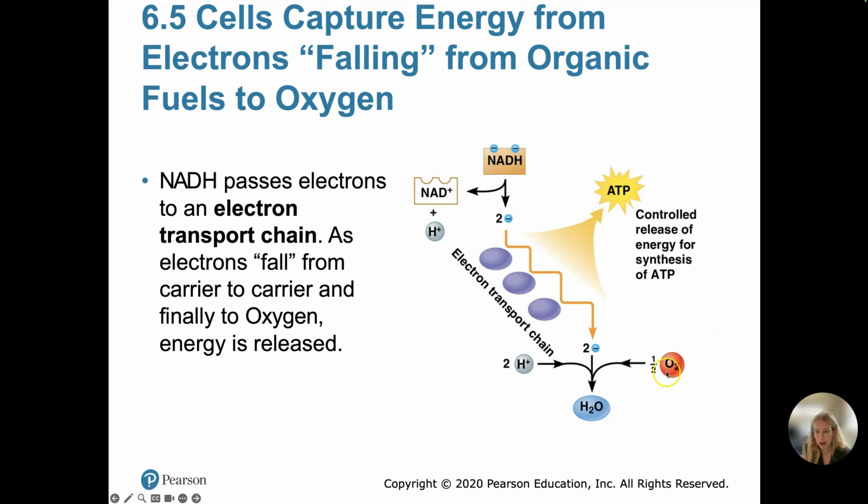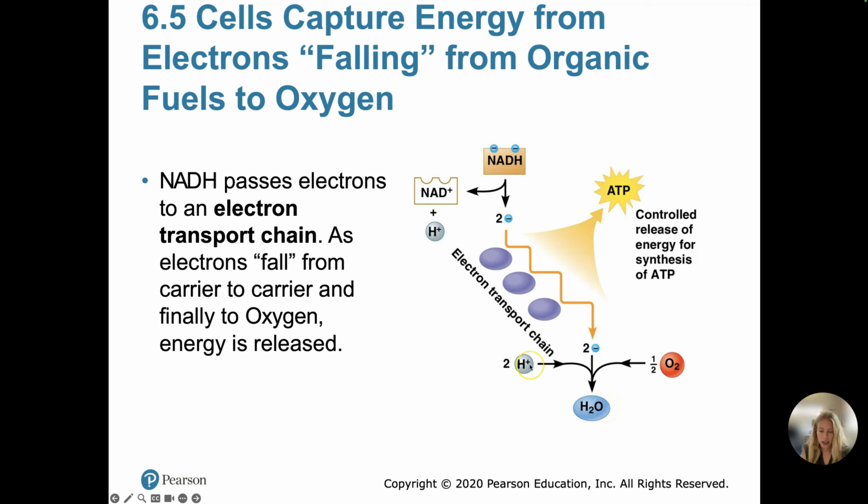Once those electrons combine with the oxygen, that oxygen will combine with 2H+ to form H2O. This is why water is a byproduct of cellular respiration, because this oxygen that accepts the 2 electrons that fell down the electron transport chain will then combine with 2 free-floating H+ ions to form H2O.